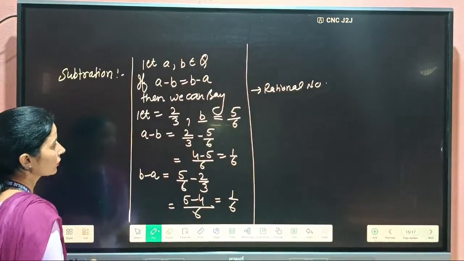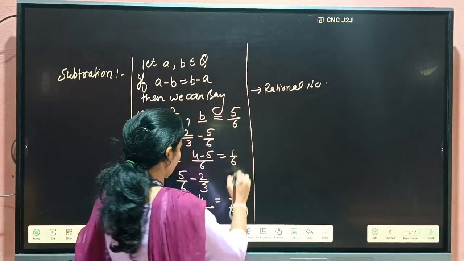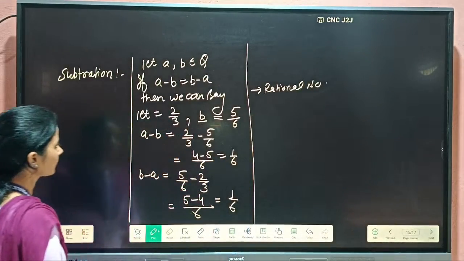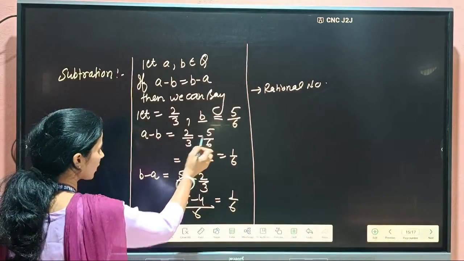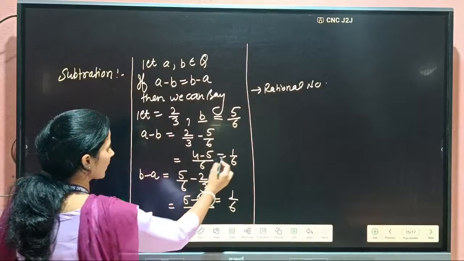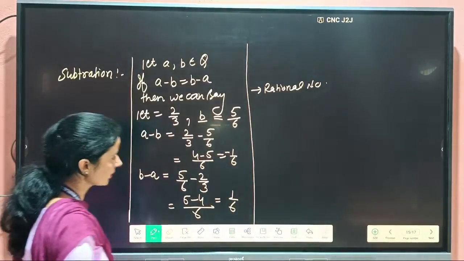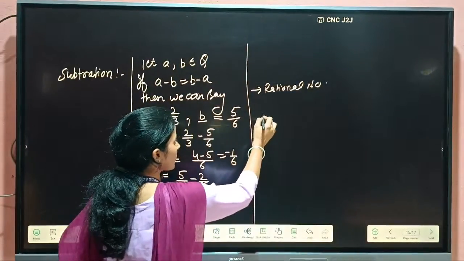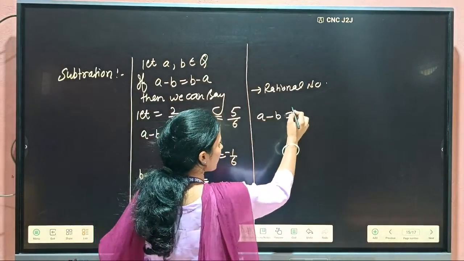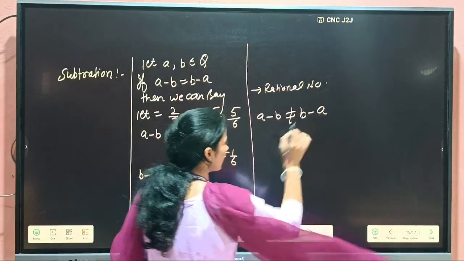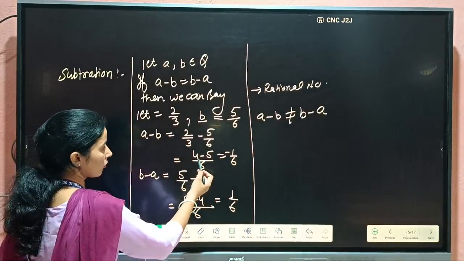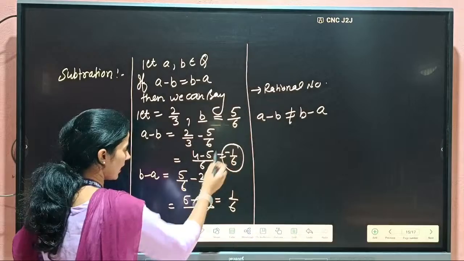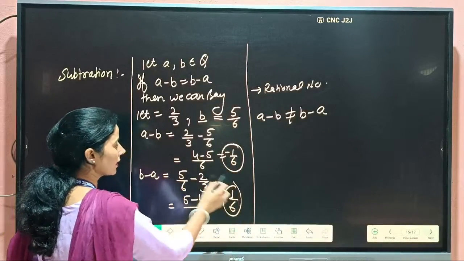What we observed? We observed A minus B, 2 by 3 minus 5 by 6, is minus 1 by 6. We observed A minus B is not equal to B minus A, because 4 minus 5 is minus 1 by 6, and there 5 minus 4 is 1 by 6.